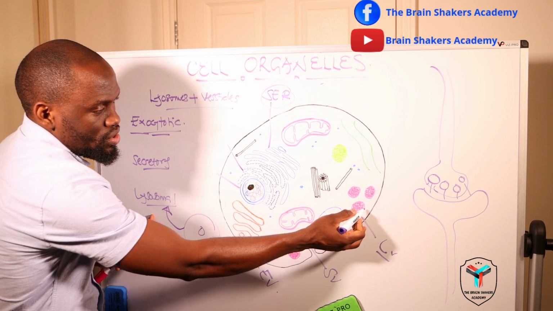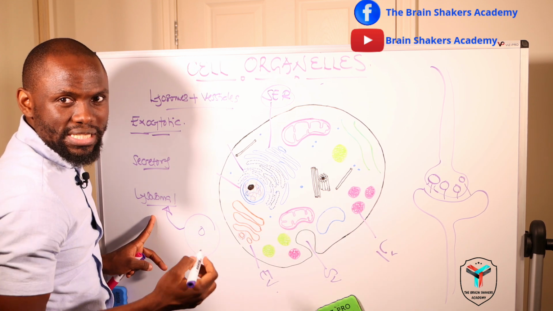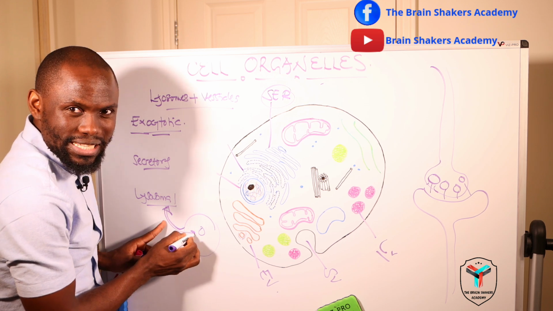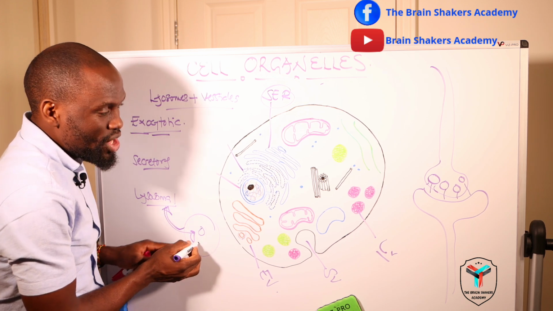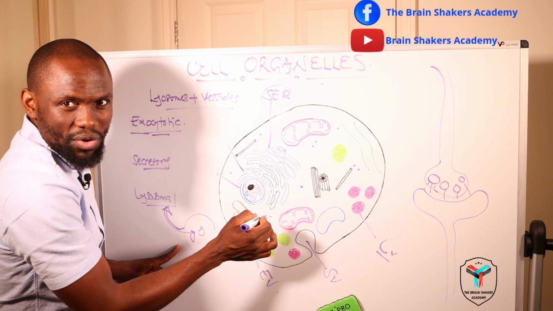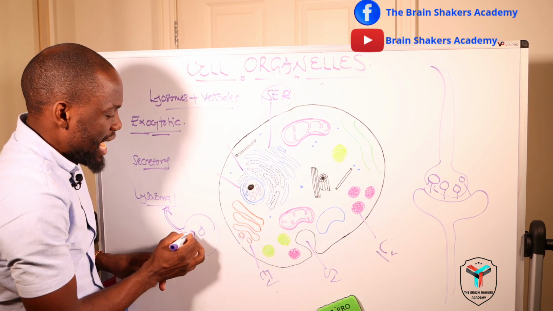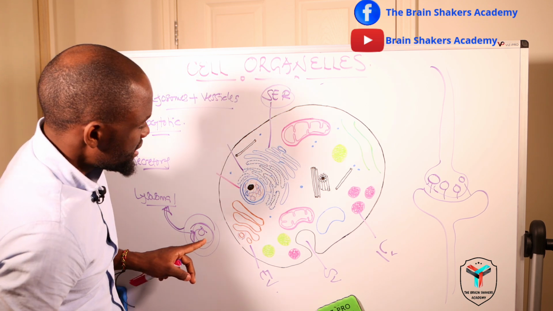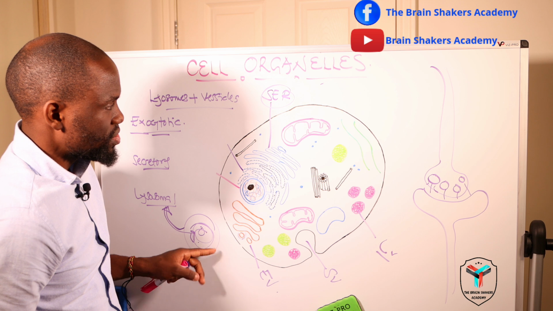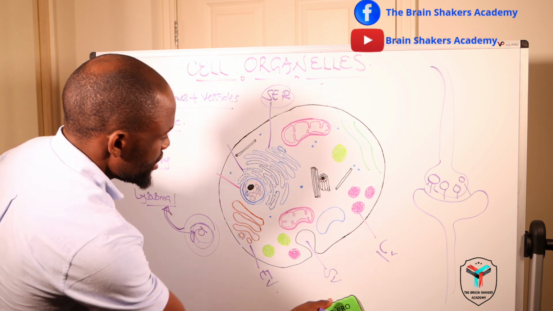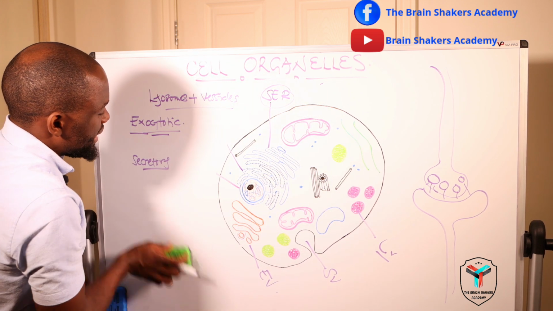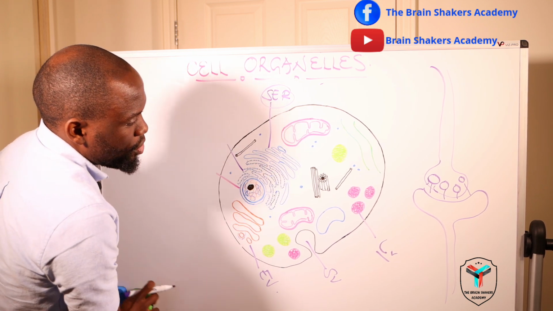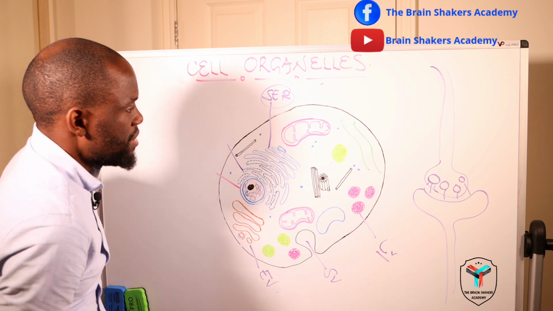The lysosome, which contains hydrolases, enzymes and proteases, releases its contents into that vesicle so that no other organelle within the cytoplasm is affected, and it then degrades the material contained within the vesicle. So that is how those vesicles and the lysosomes come into play, mainly for purposes of defense mechanism.